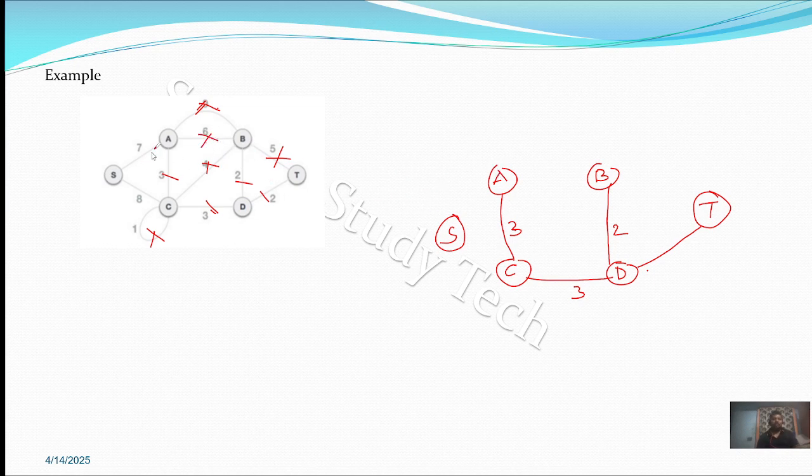The next one is S to A, which is 7. Next is S to C. If you take S to C, it forms a cycle, so we ignore this edge. So this is the minimum cost spanning tree by using Prim's algorithm.